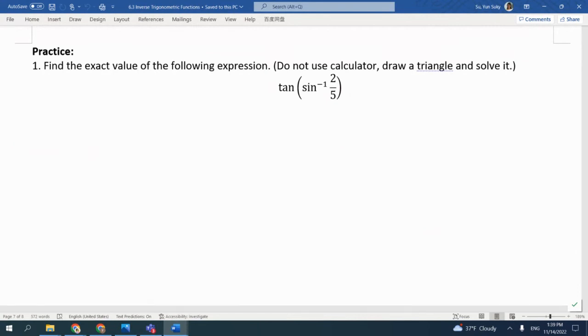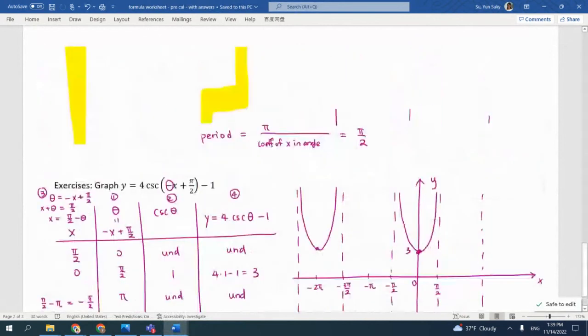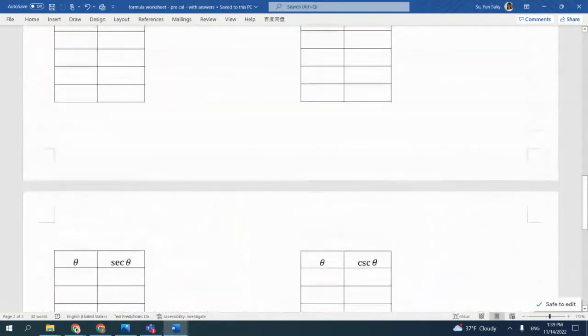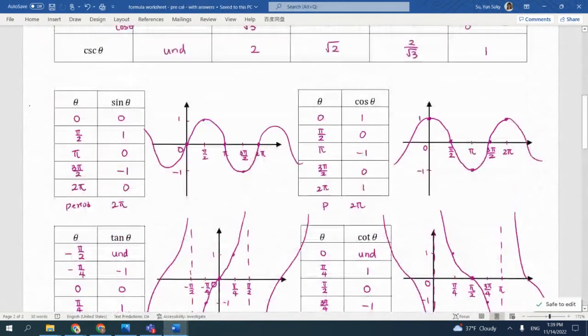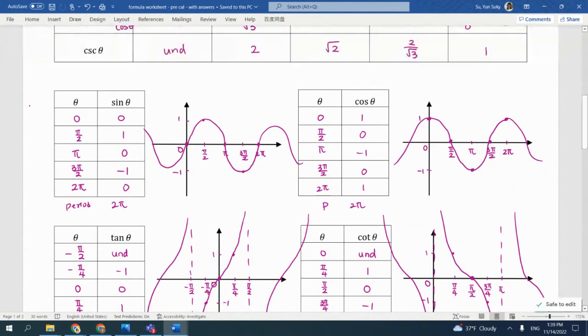Oh, okay. So before that, let's talk about inverse trig functions. Sorry. Let's go back to this piece. Okay. What does an inverse trig function do to it? Let me use orange color. So inverse trig functions.